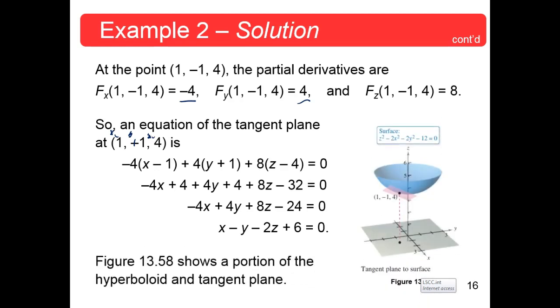Okay. Now, this figure shows a portion of the hyperboloid. This would be an elliptic hyperboloid of 2 sheets, and they don't show the bottom sheet. But here's the point. 1 on x, minus 1 on y, and plus 4, 1, 2, 3, 4 on z.